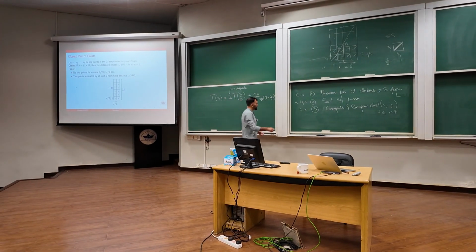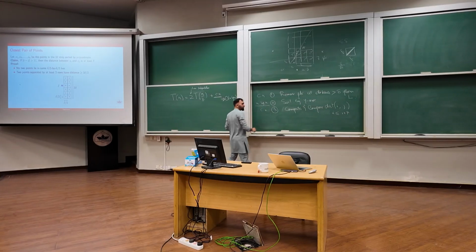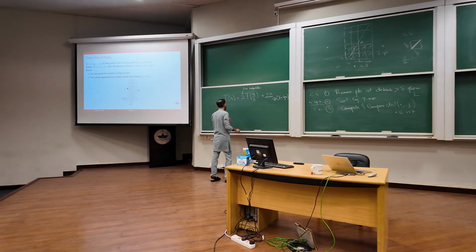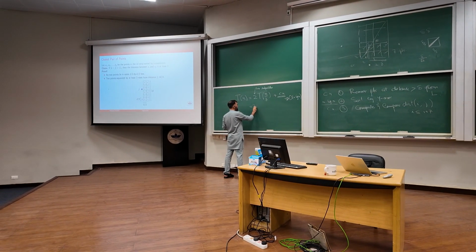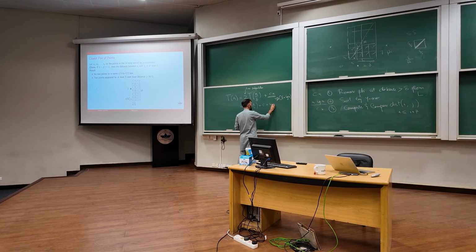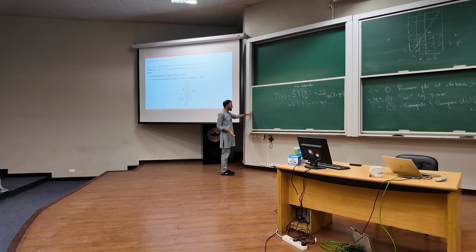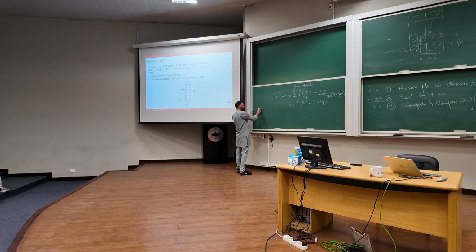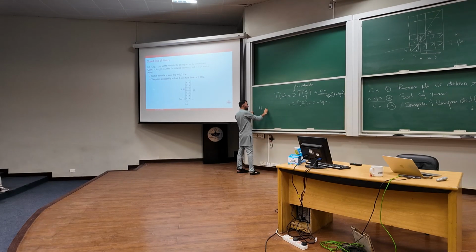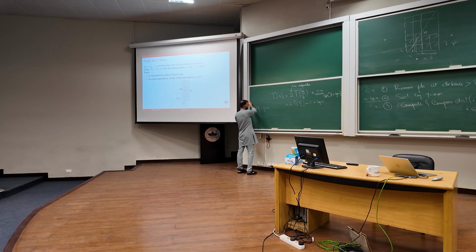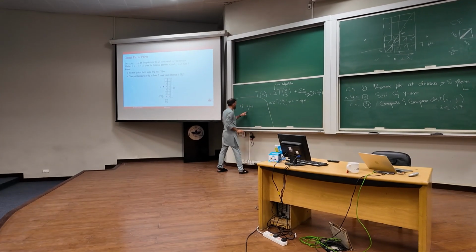But here's your trouble. You got n log n instead of cn. So your time complexity becomes 2 times T of n over 2 plus c times n log n. How do you solve this? You solve it using a version of master theorem, an extension of the master theorem that you know.